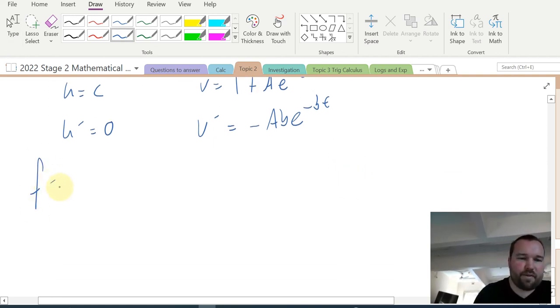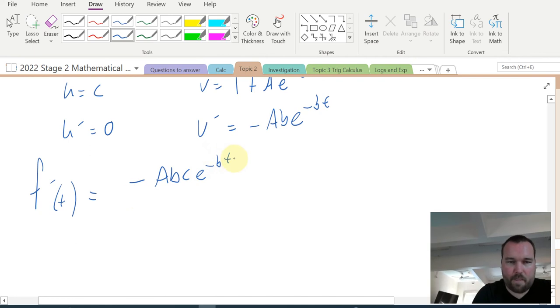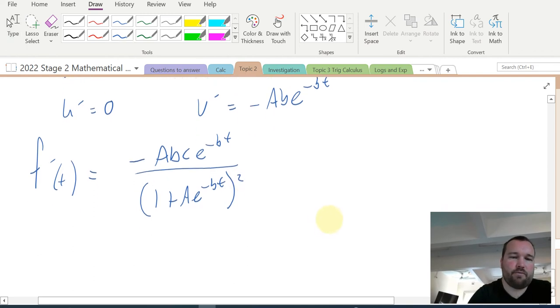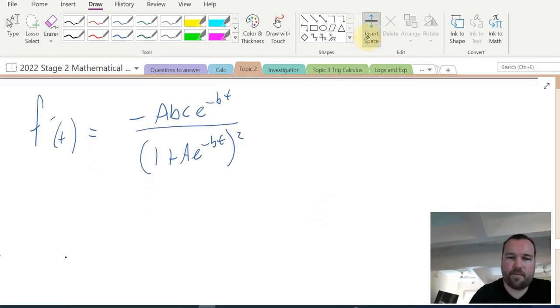So the first derivative, f dash t, is equal to u dash v, which is nothing, take v dash u. So that's minus abc, which is neat, e to the minus bt over v squared, 1 plus ae to the minus bt squared. Alright, first derivative, not too bad.